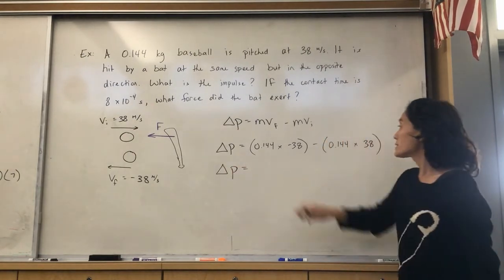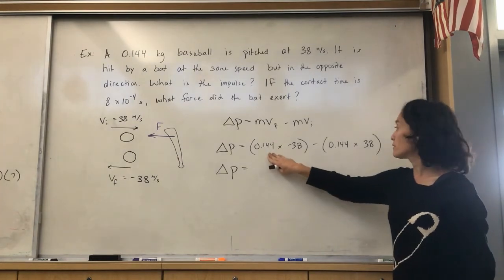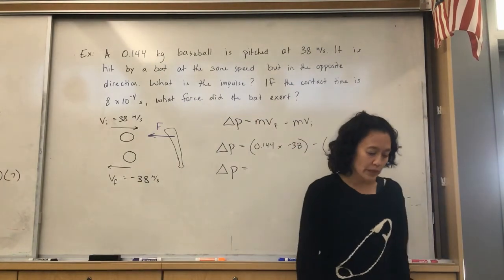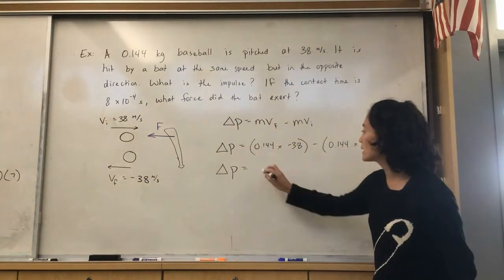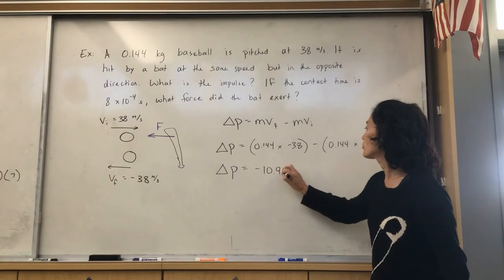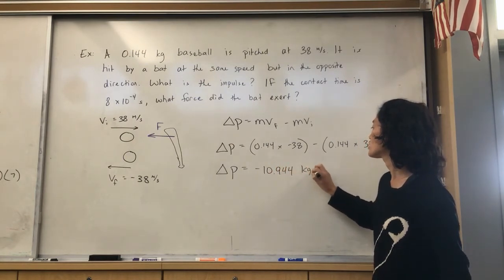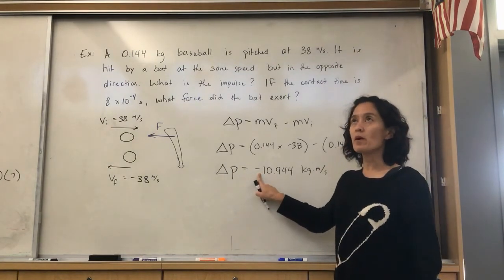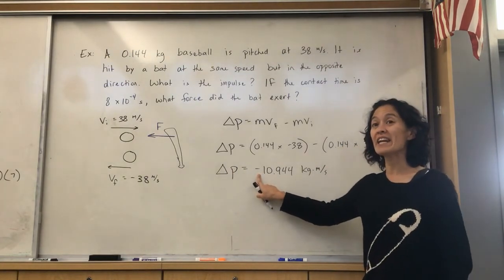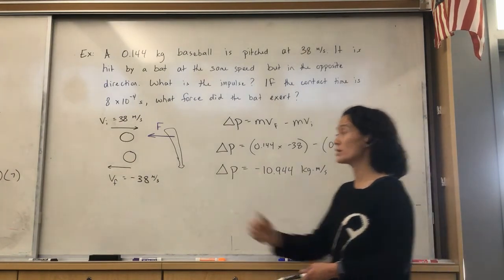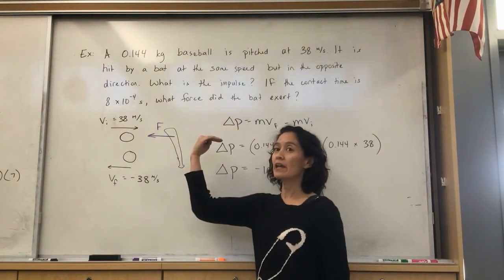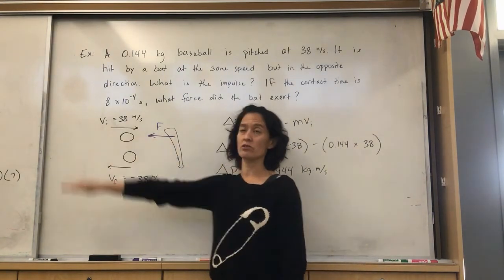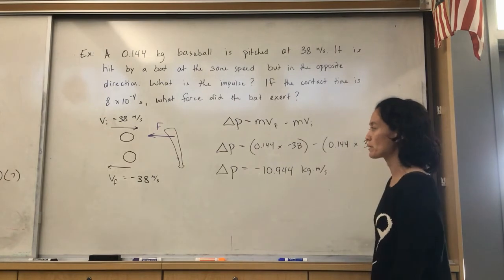This ends up being a negative number, a negative minus a positive, so it's a bigger negative number. I got negative 10.944 kilogram meters per second. Again, thinking about the negative, the baseball bat is causing a negative change in momentum. It was going in this direction, and now the bat hits it, stops it, and makes it go in the other direction. So that negative agrees conceptually with what's happening.